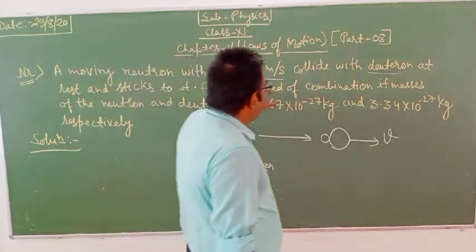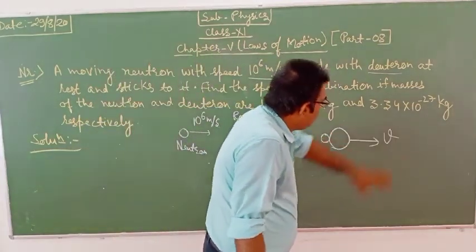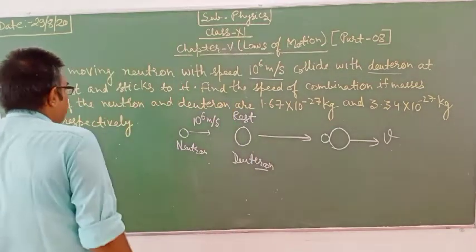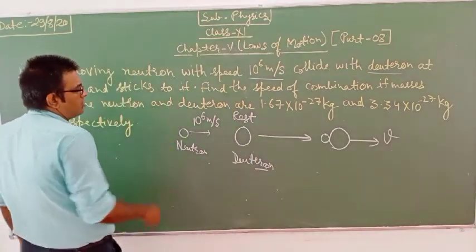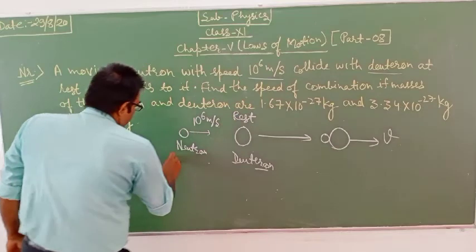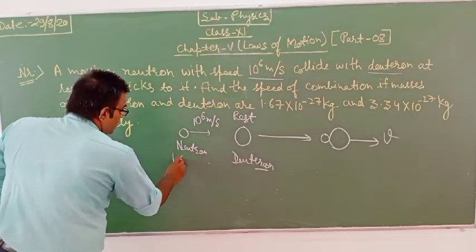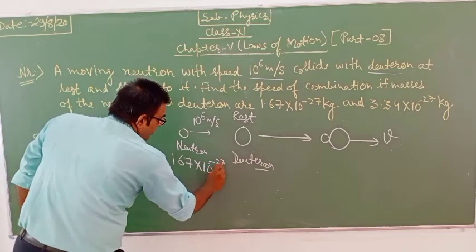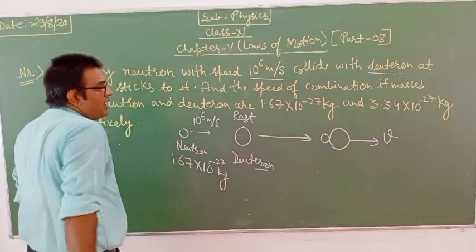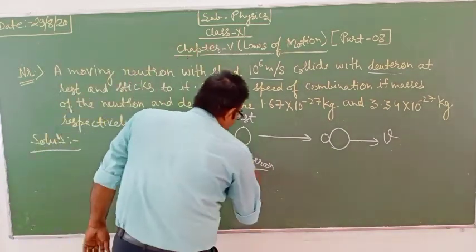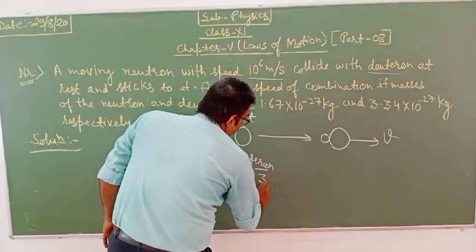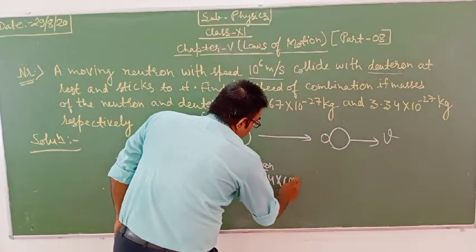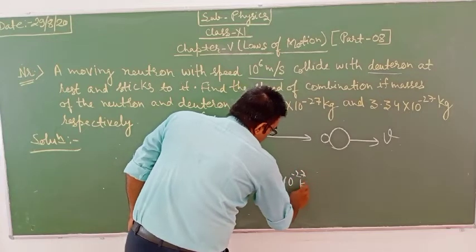So we have to find this common velocity. Mass of neutron is given as 1.67 into 10 to the power minus 27 kg, and mass of deuteron is given as 3.34 into 10 to the power minus 27 kg.